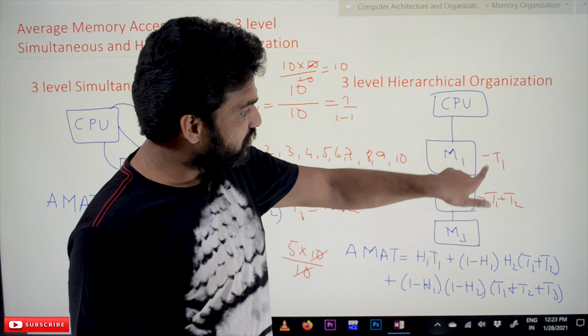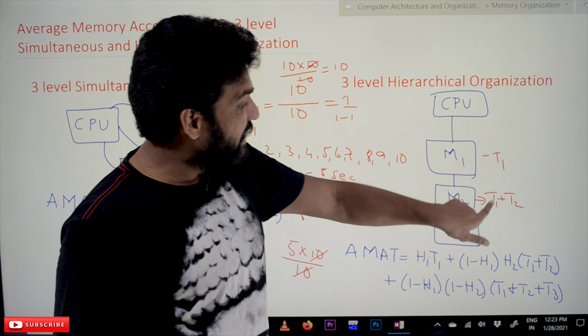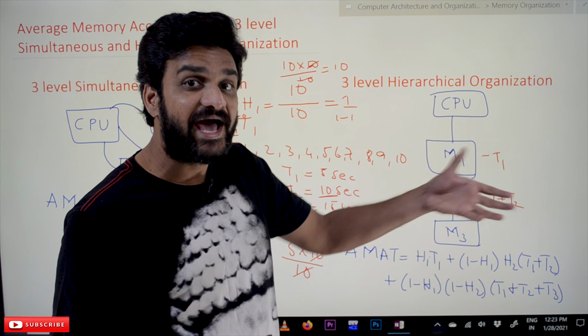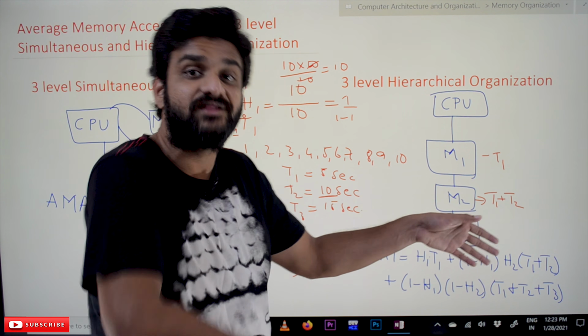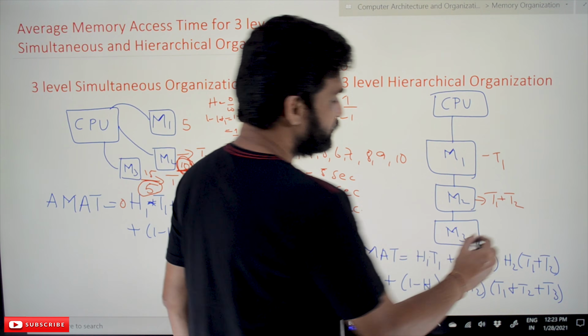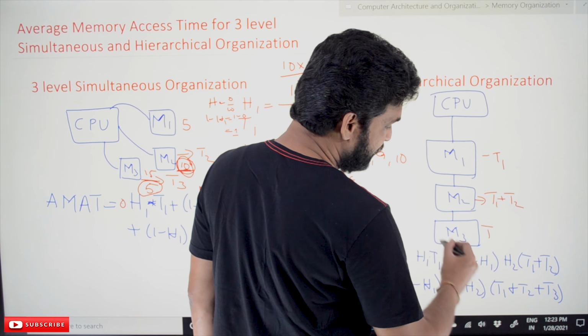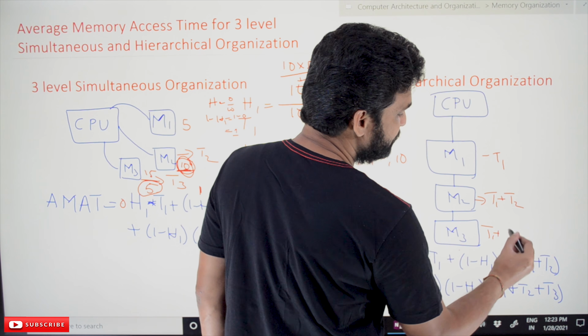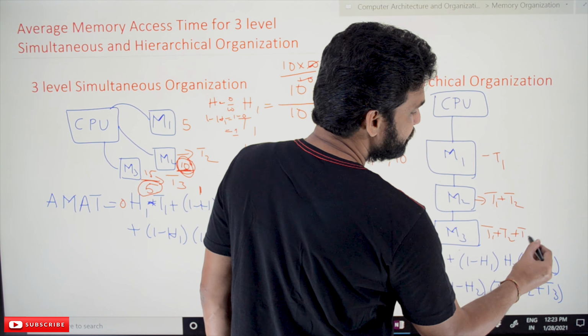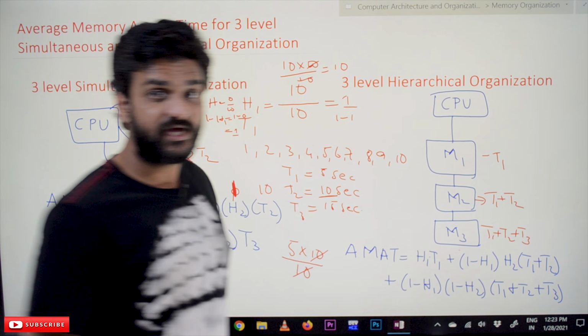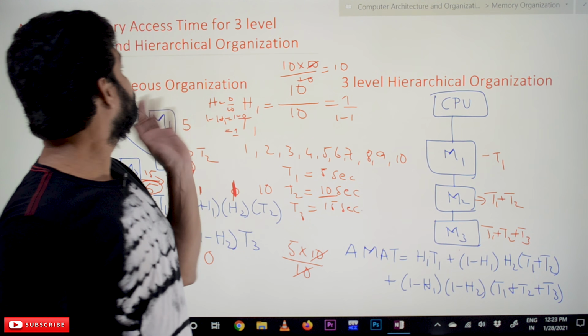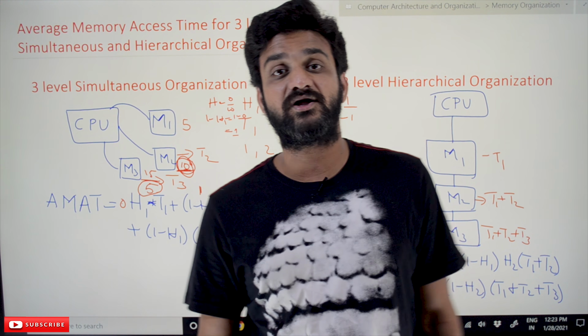T1 we have already spent, and T2 is the cost to access M2. If it is also not in M2, then to get the value from M3 it is T1 plus T2 plus T3. So this is all about 3-level simultaneous and hierarchical organization.